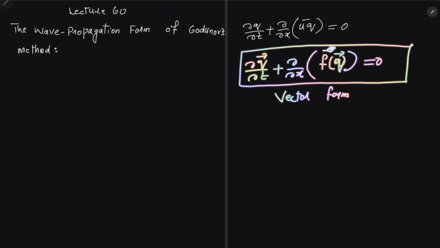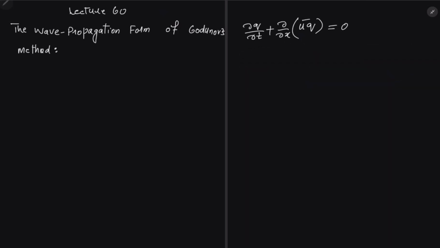In vector form we have more than one wave, so we need to write our formula accordingly. The wave propagation form is to write our solution in terms of W, which we will talk about.